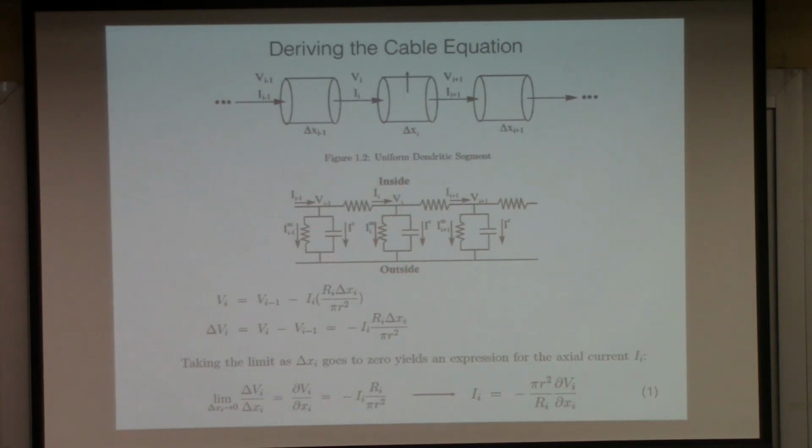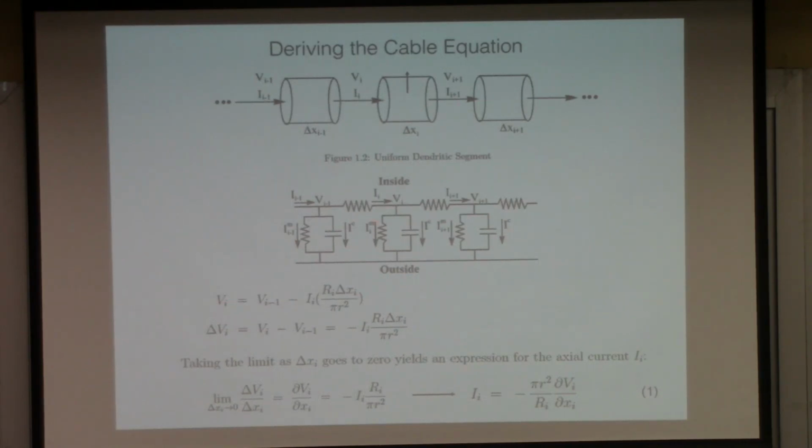Looking at this circuit, if we're sitting at this node V sub i, the potential at that node is equal to the potential at this node, V of i minus 1, minus the voltage drop induced as current flows along the core of the cable through the axial resistance. That voltage drop is this term here.